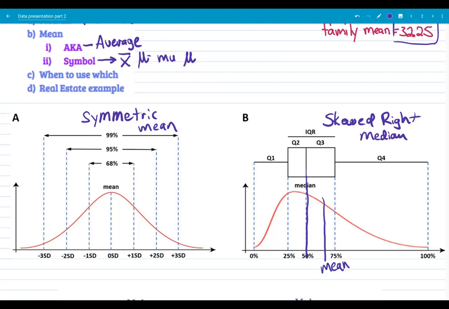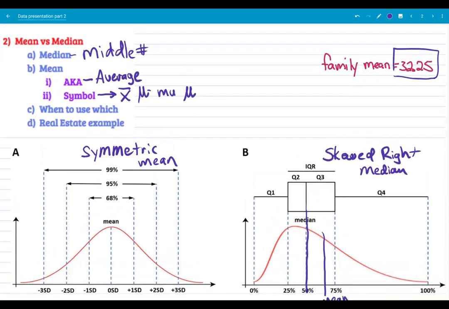Is that really the middle of the data? Because what we really want to find is the center of the data. We want to find the center.